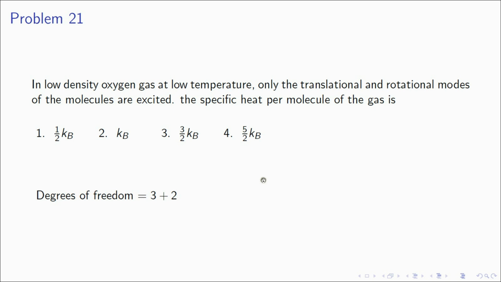Because it's a diatomic particle, along the line which joins these 2 atoms the moment of inertia is 0, so you avoid that, and it can rotate in other 2 directions. So the number of degrees of freedom is 5. Each degree contributes half kT, so you have 5 by 2 k as the specific heat.